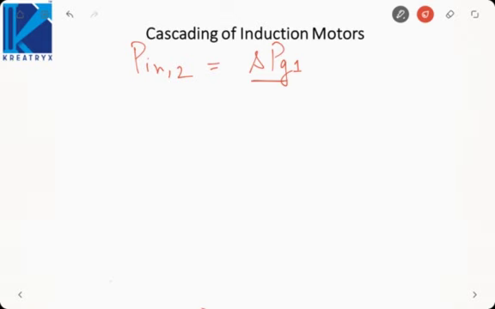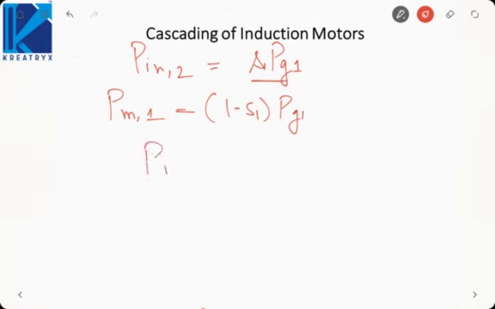The mechanical output of the first motor will be (1 minus S1) into PG1. It is called a slip power recovery scheme because we are recovering the power output at the slip ring terminals to drive another induction motor. Otherwise, if we do not connect any load at the slip rings, this power gets wasted as rotor copper loss.